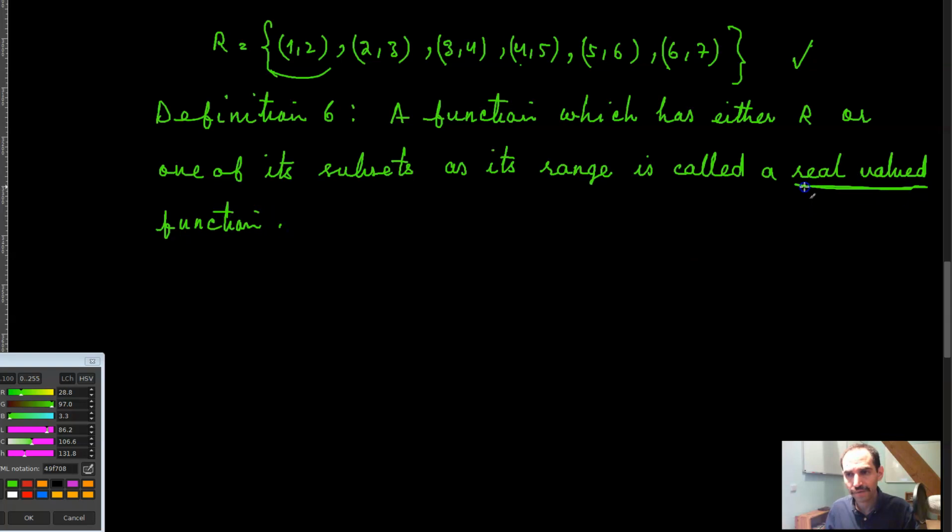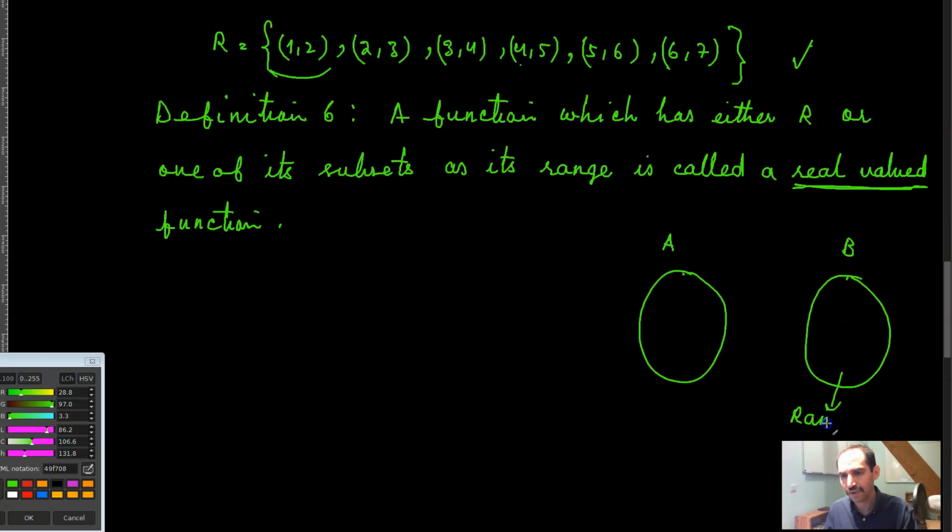So a real valued function is basically some relation like this. You have set A and set B here, and of course the elements that you have over here, talking loosely, are your range.